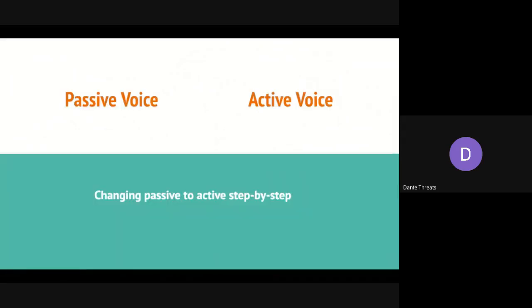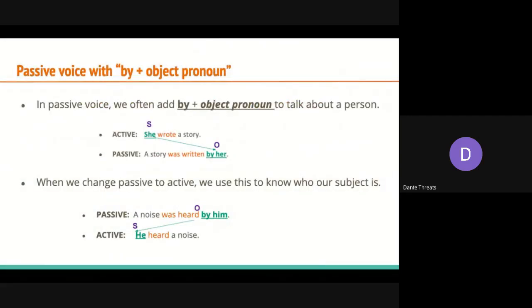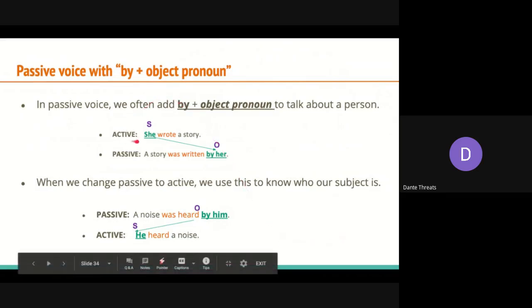Okay, so now we have to work on changing the passive voice to an active voice. A passive voice with a by plus object pronoun: in the passive voice, we often add by plus object pronoun to talk about a person. So the active would be she wrote a story.